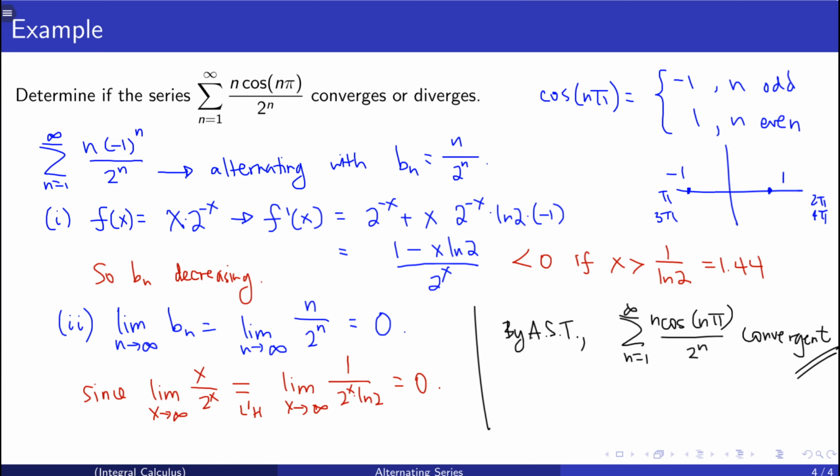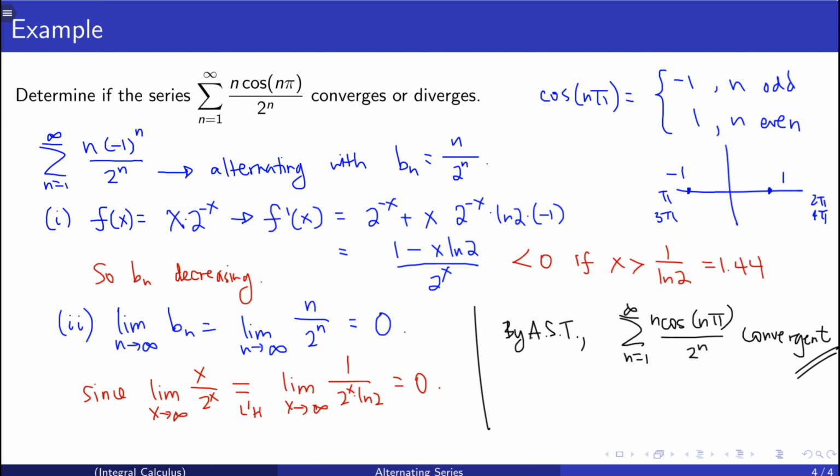Now, what I'd like you to start thinking about is, if one of these two conditions fails, either it's not decreasing or b_n doesn't approach 0, can you conclude that the series diverges?